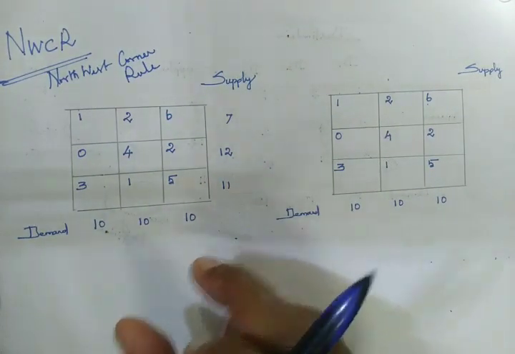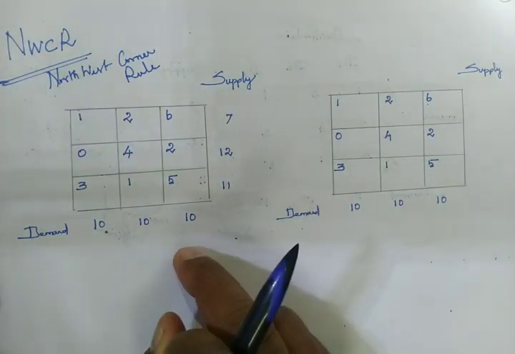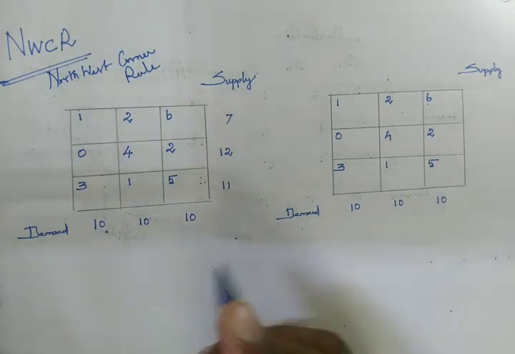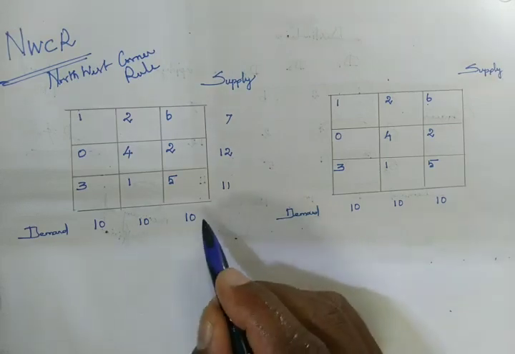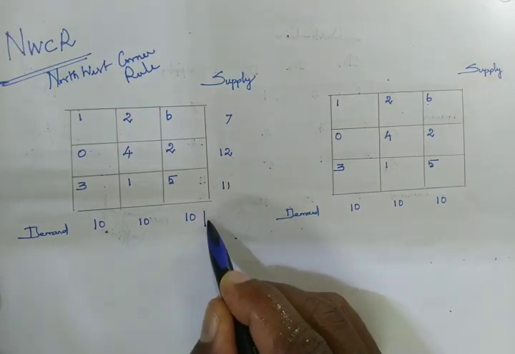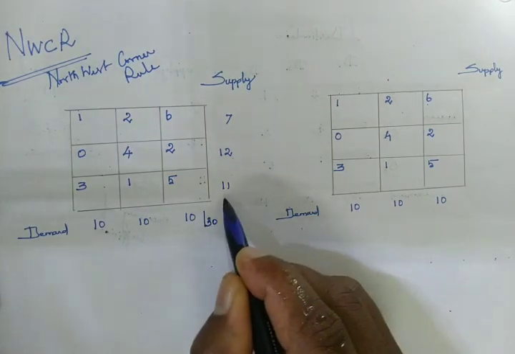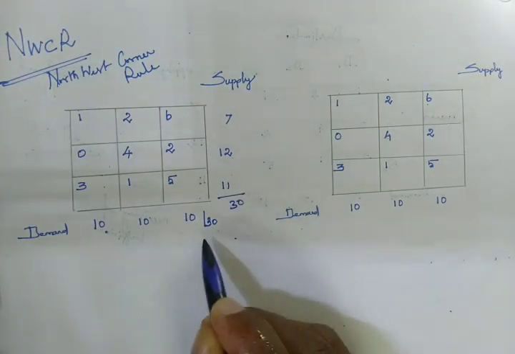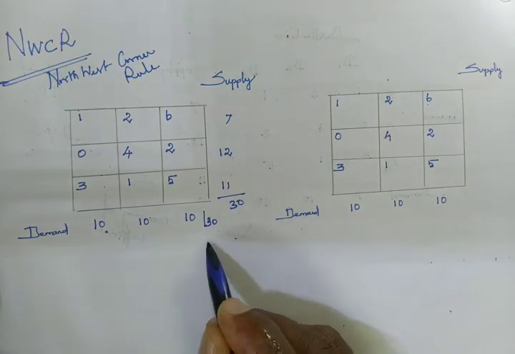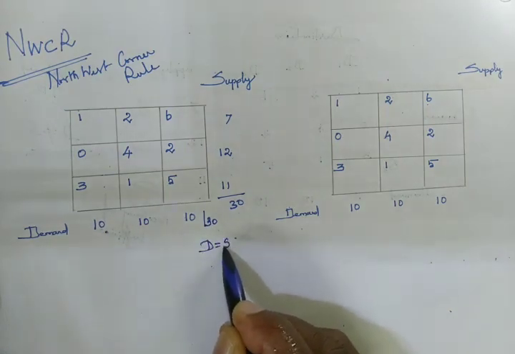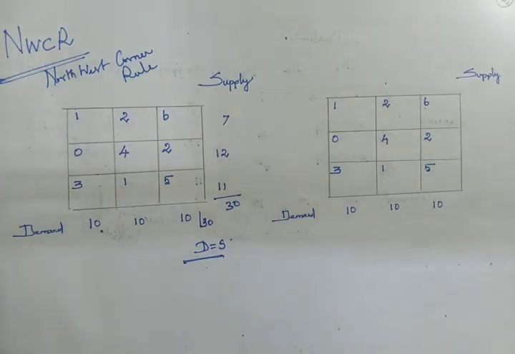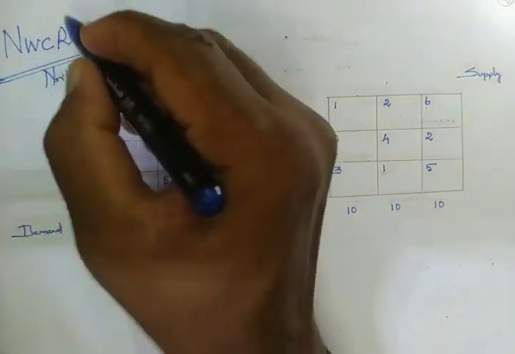Only if it satisfies the balanced condition will you get a feasible solution. Here the total demand comes to 30, and the supply also comes to 30. Therefore this problem satisfies the balanced condition, demand equals supply. It's very clear. Therefore it gives a feasible solution.